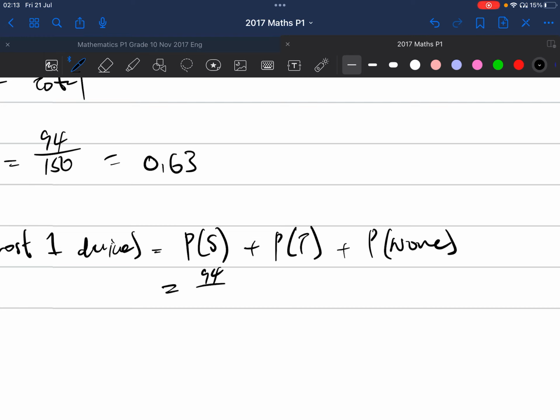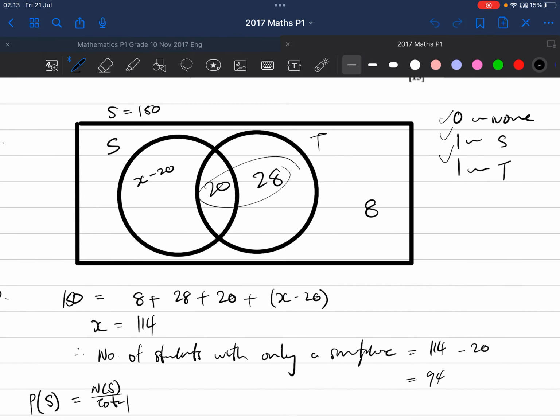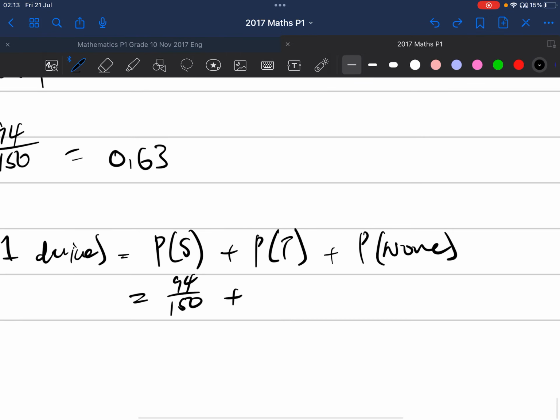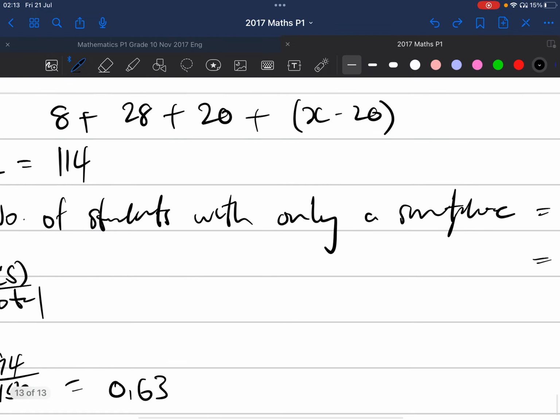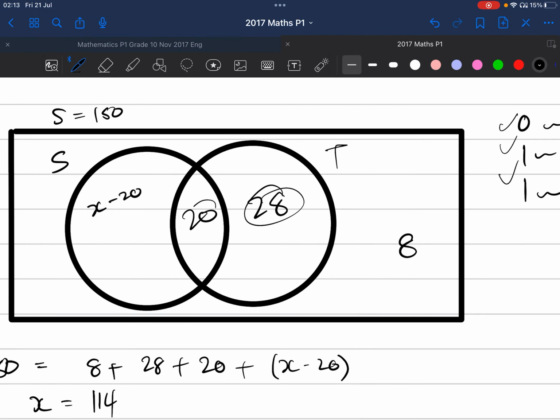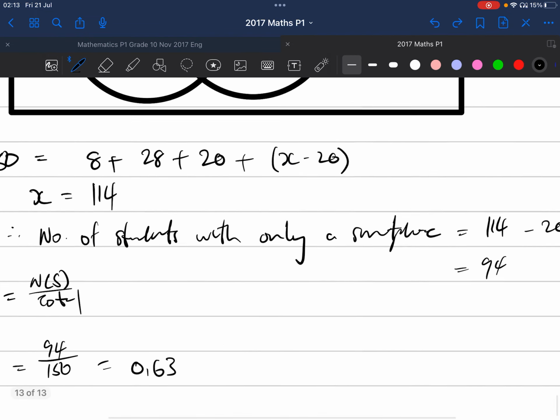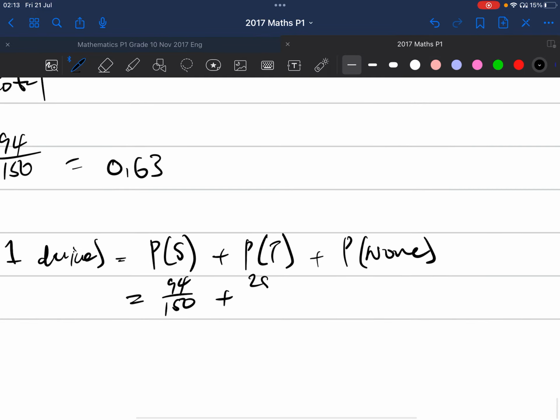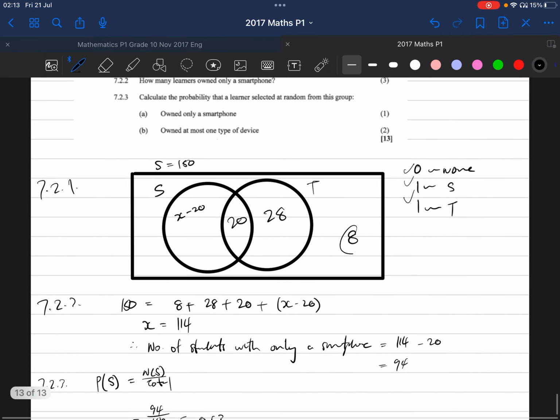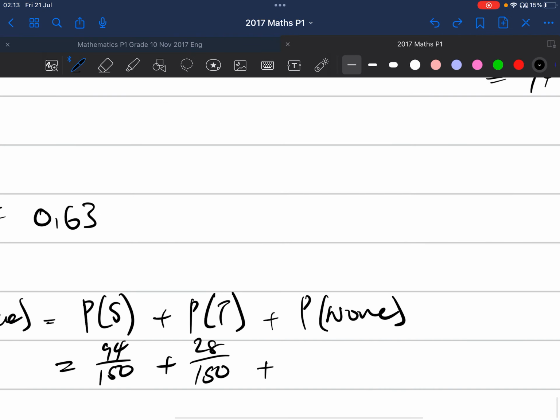So that's 94 over 150 plus, oh no, sorry, not 48, 28, because we want only one, right? Because 48 would include the 2. So it's only 28. 28 over 150 plus, and then the probability of none is 8 over 150.